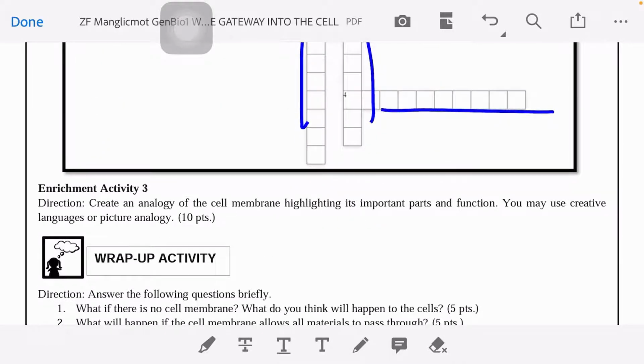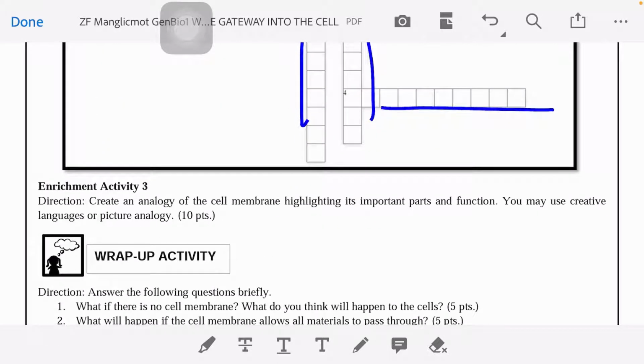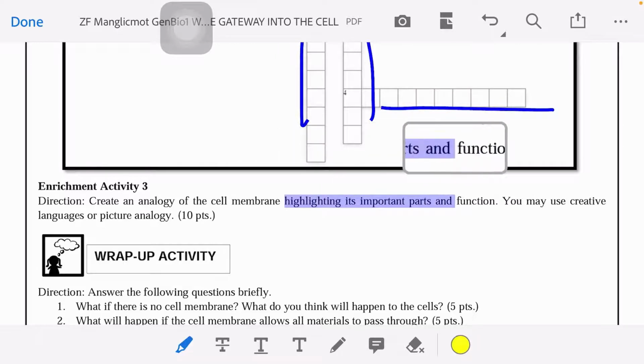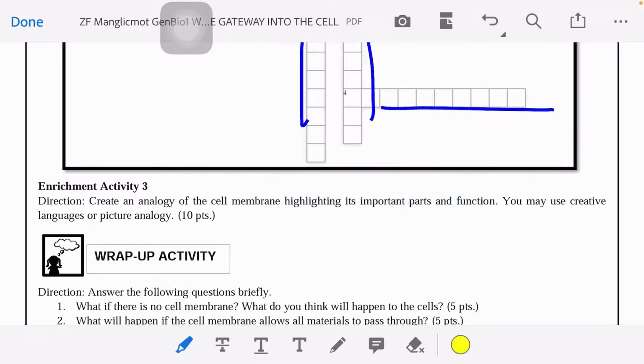For activity number 3, this is what I mentioned, that you're going to create your own analogy of the function of the cell membrane. Take note of this, highlighting its important parts and function. You made your own analogy. What part serves as the gate, for example, what part serves as the fence, and what is the function of the gate and the fence, just like that. You may use creative language or picture analogy.